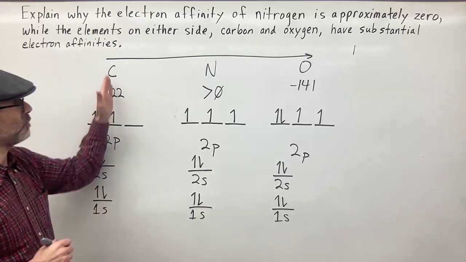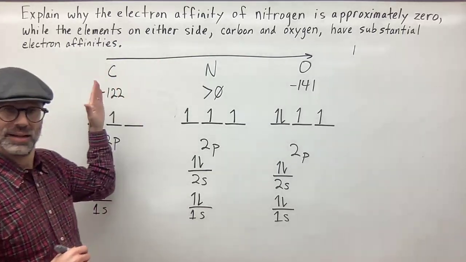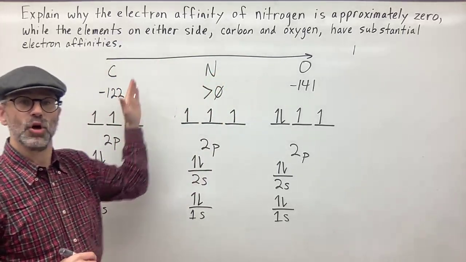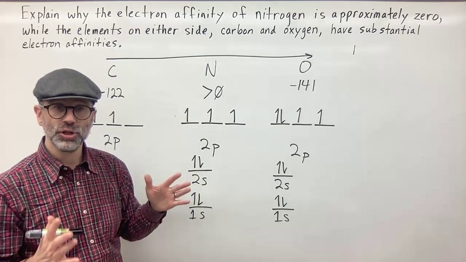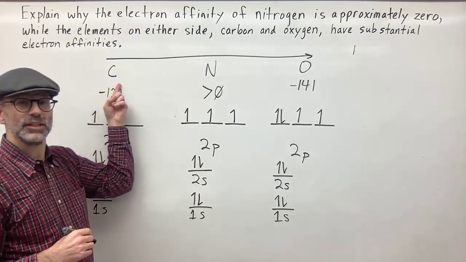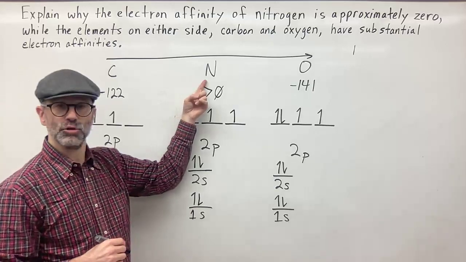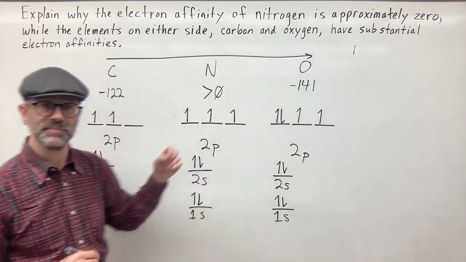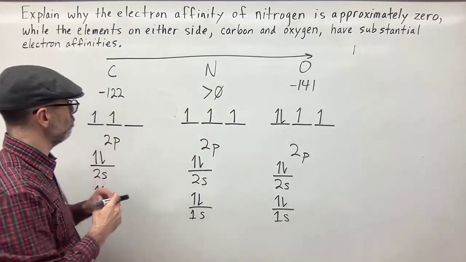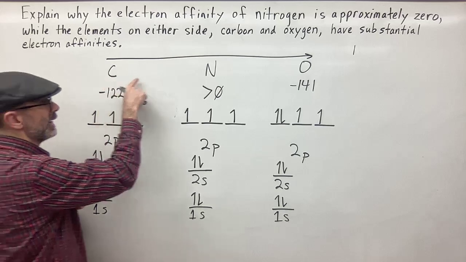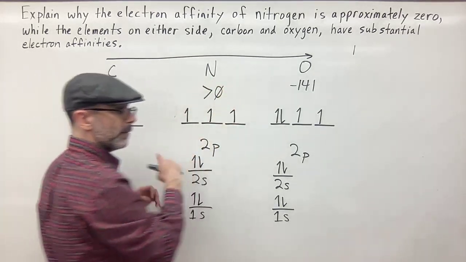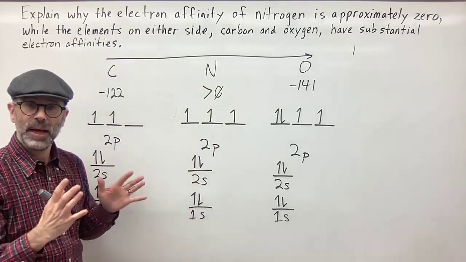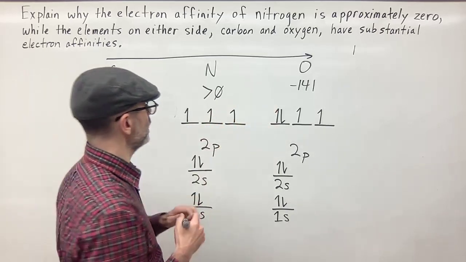Well, each time you go from left to right, every time you go over to the next group, you're adding one proton to the nucleus. Well, that's increasing the nuclear charge, right? So here, the increase in the nuclear charge is going to offset the repelling forces for oxygen here.